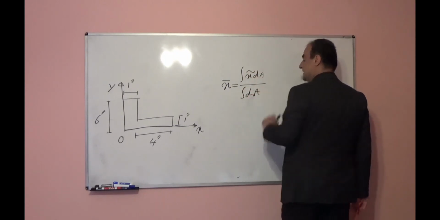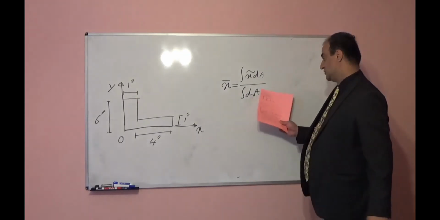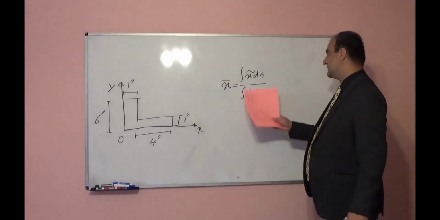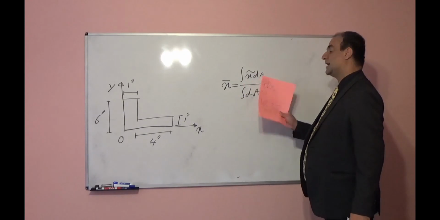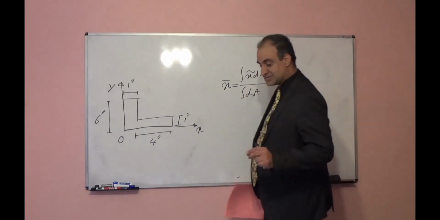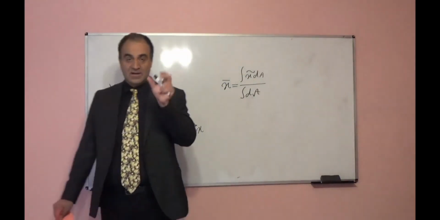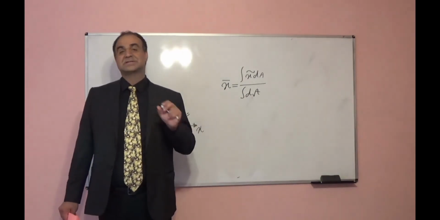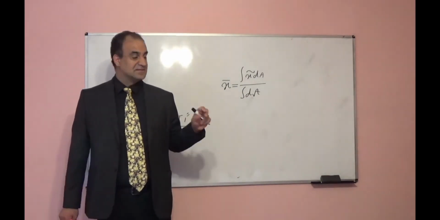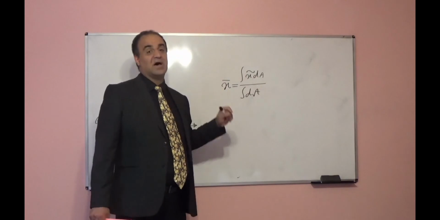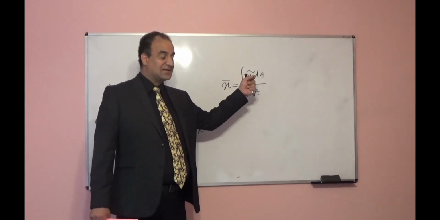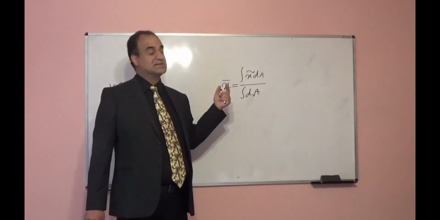If you remember, x bar was equal to integration of x tilde dA divided by integration of dA. dA is area, the total area for one object. X tilde times dA means if we divide one object into different segments or areas, each area times the distance of that area up to one axis.